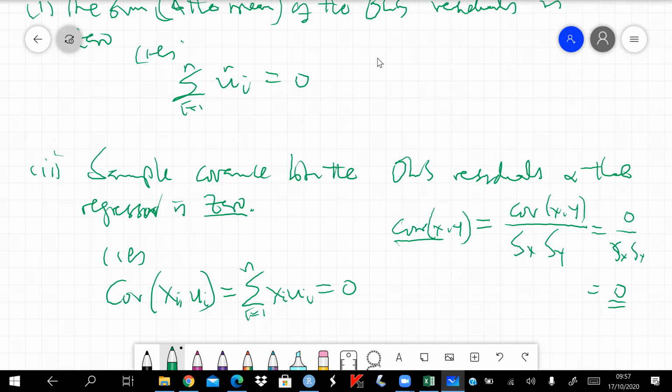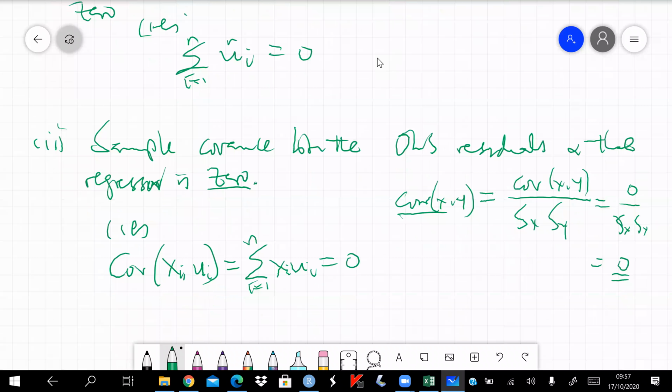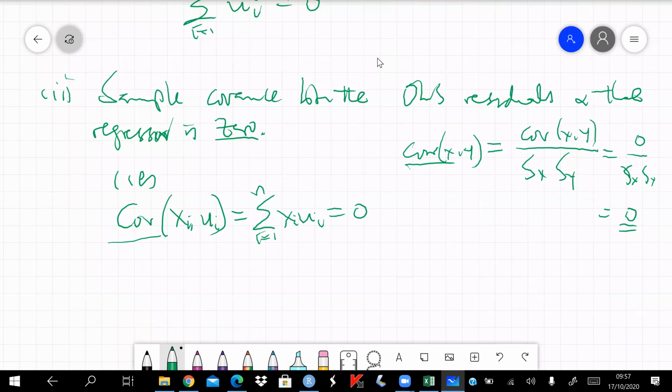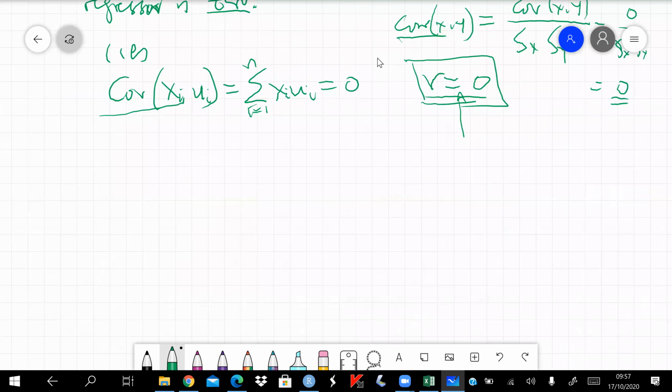This means that the correlation coefficient r will also be equal to 0. I think we have seen that the correlation between X and the residuals in our example above is equal to 0. Okay, so now I want us to look at something very closely related to what we have been discussing.